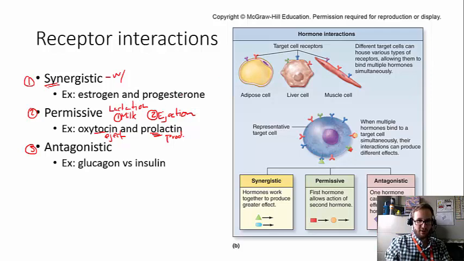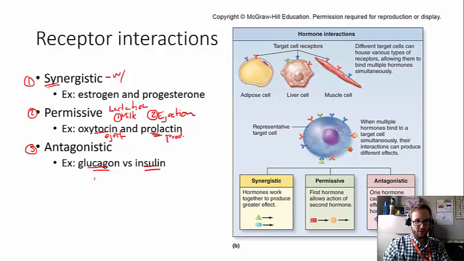And then the last one that we talk about is antagonistic. Antagonistic is an example of whenever both of these hormones work in opposition to each other. Your pancreas produces multiple hormones, but the two main hormones that the pancreas produces are glucagon and insulin. These two hormones together are going to affect blood sugar levels.